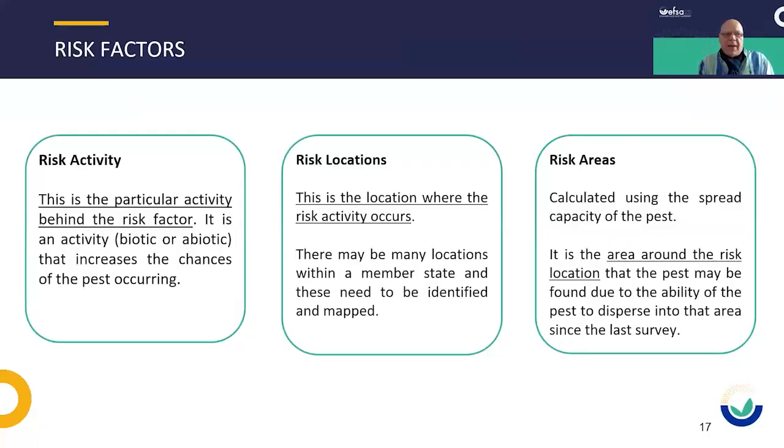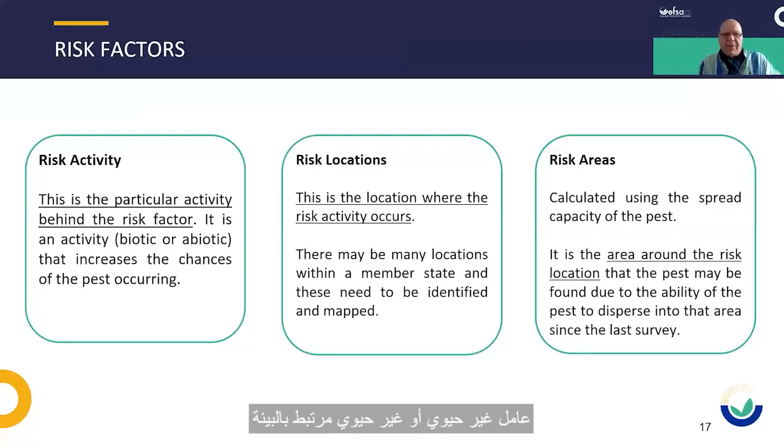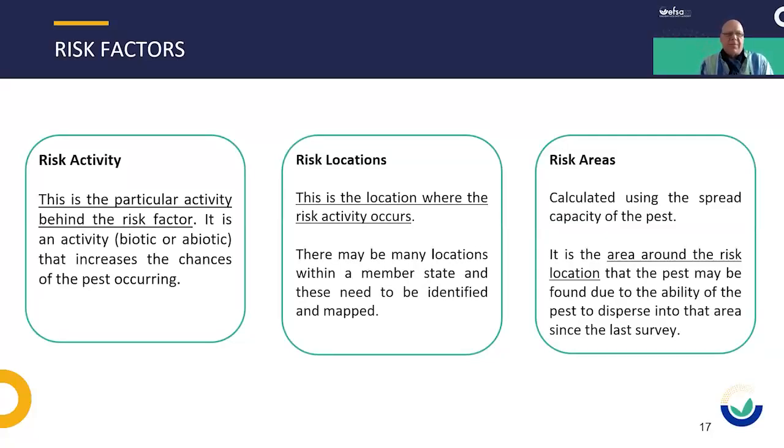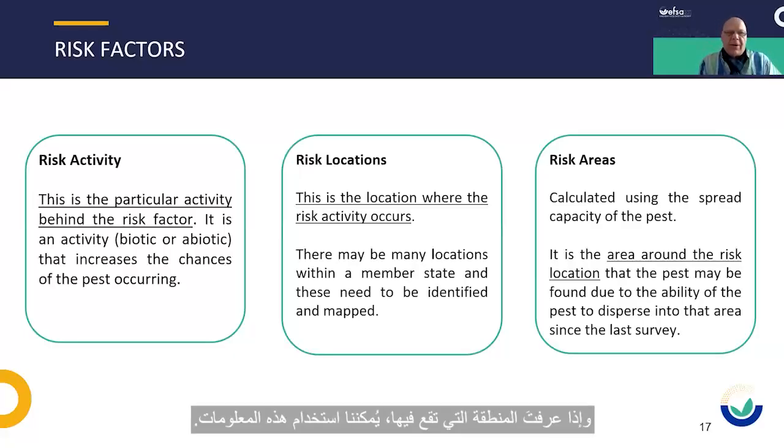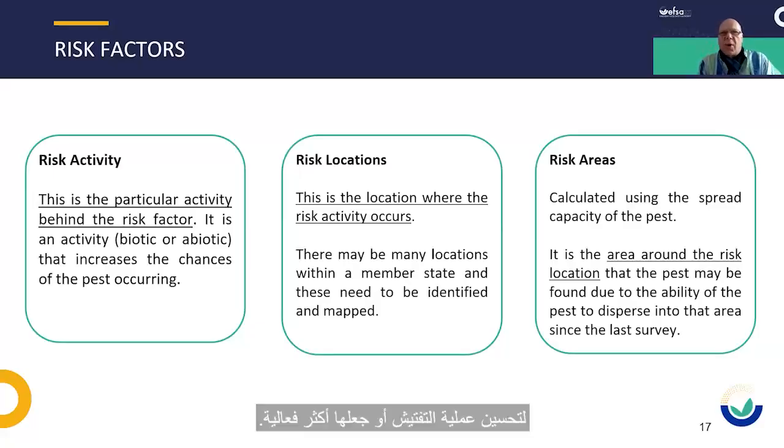So when you have a biotic or abiotic factor, related to the environment or to human activity, that is potentially increasing the likelihood to detect the pest within this epidemiological unit, and you know where that is and on which area it is, then we can use this information to make the distribution of inspection units more effective.